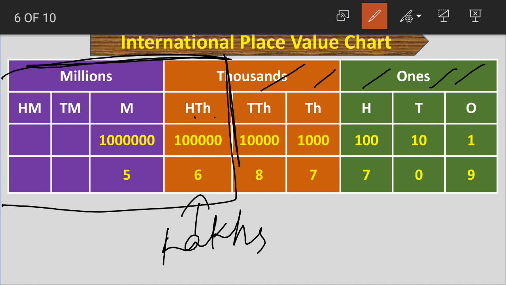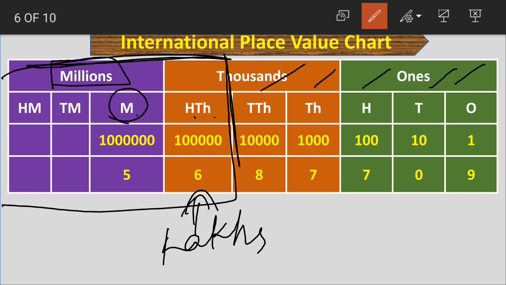Okay, children? Now, what comes after 100,000? After 100,000 comes millions. And from millions they start the millions period. Now what did we have here?